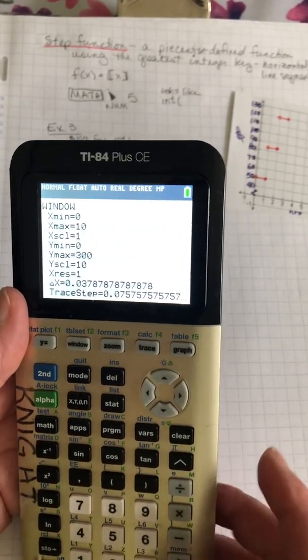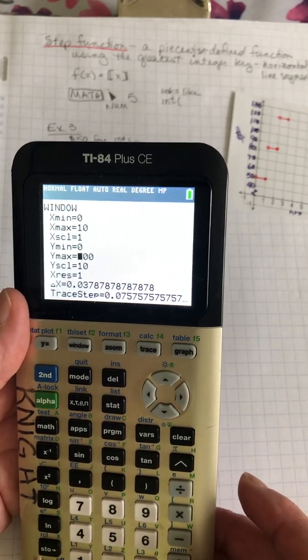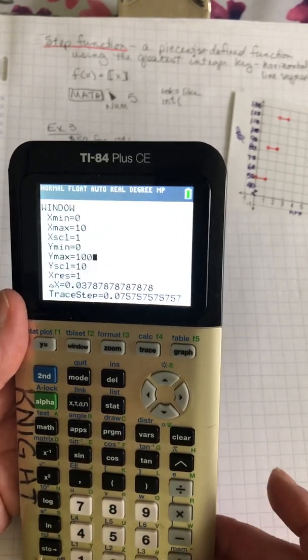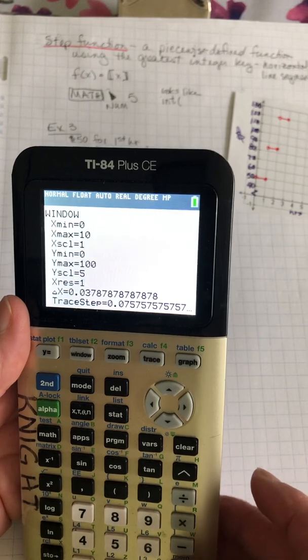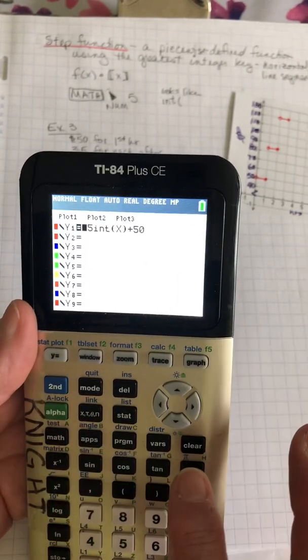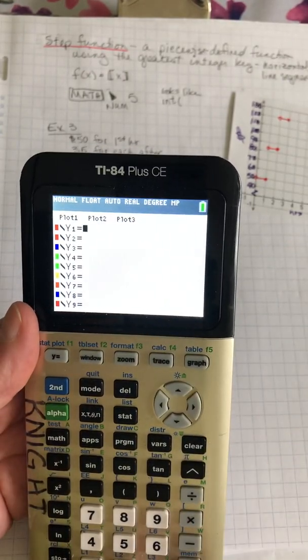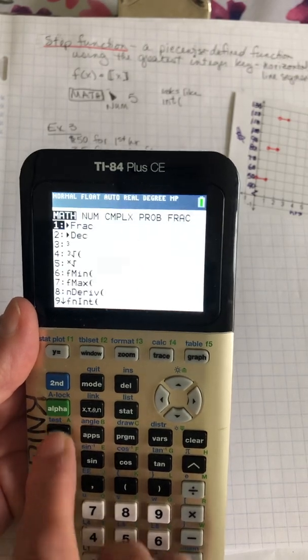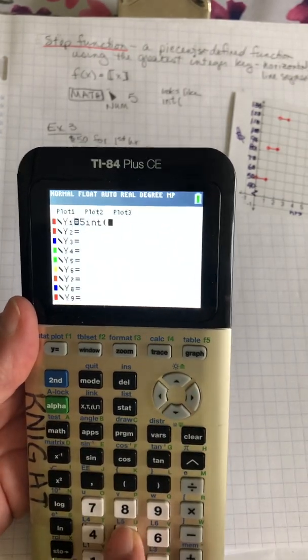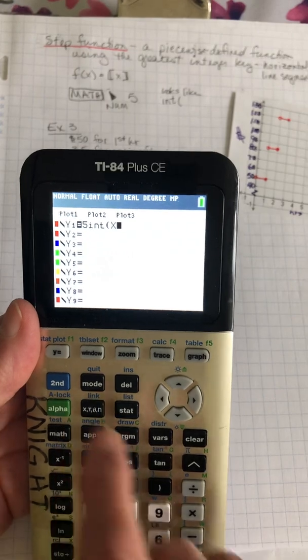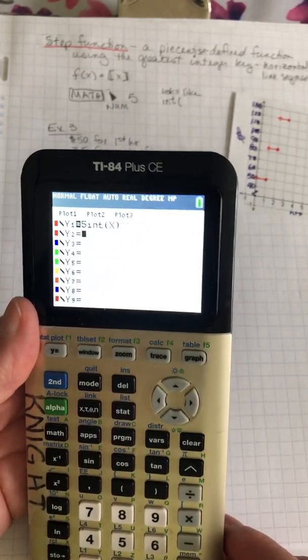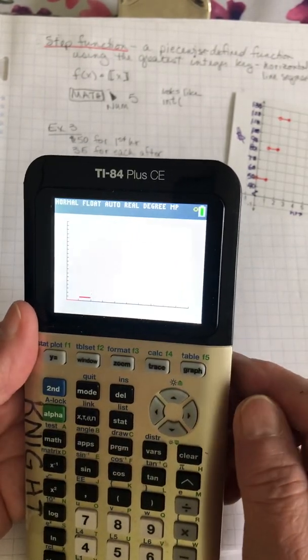Y min can be 0, Y max maybe 100, and we could go probably by 5s. Y equals, got to change this. 5, math, arrow over, number 5, x, close parentheses, enter, graph.